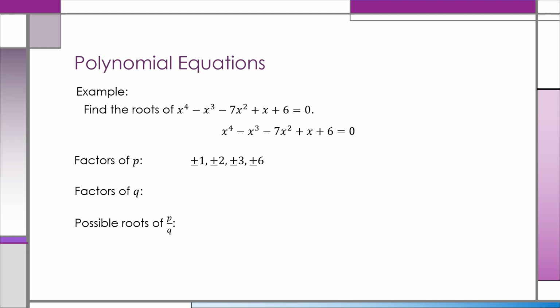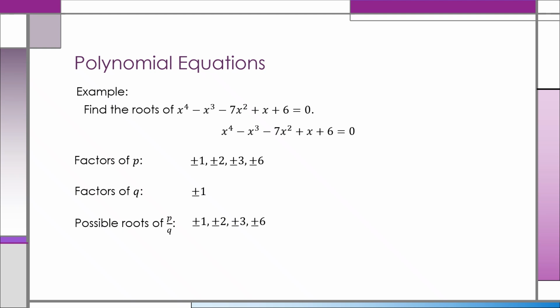For the factors of Q, we'll be focusing only on the leading coefficient. Therefore, the factors of Q will be positive negative 1. And the possible roots of P over Q will be the same as this one. Positive negative 1, positive negative 2, positive negative 3, and positive negative 6.